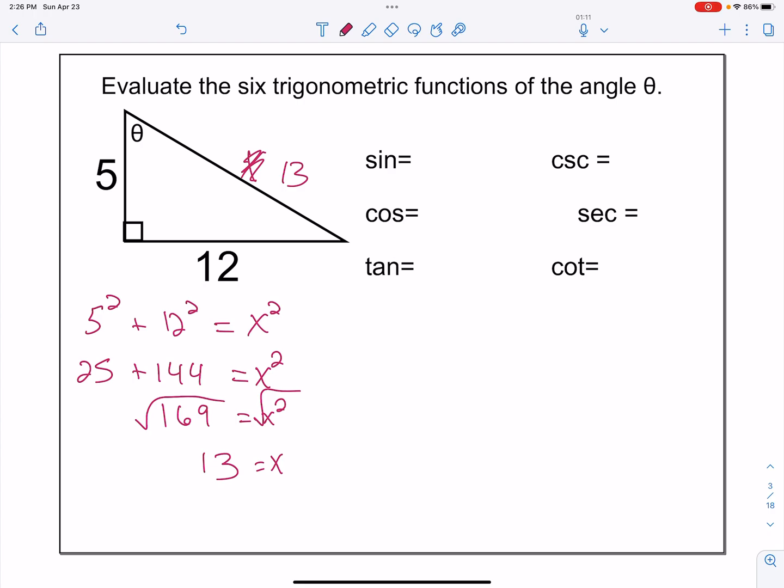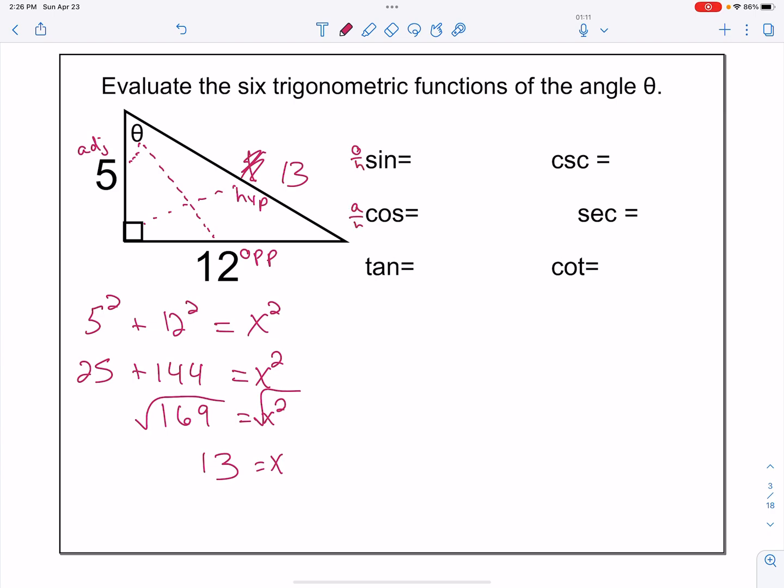So we're going to label each side here to help us out as well. Across from the right angle is the hypotenuse. Here our theta is up at top, so across from the theta is our opposite. And next to our theta is the adjacent. So we're just going to set up our 6 trigonometric function ratios. So the sine, remember, is opposite over hypotenuse.